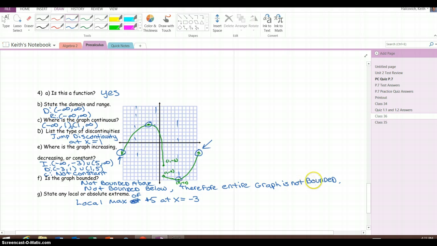There's also a local minimum down there at the bottom of negative 10 at x equals 5. There's no absolute extrema because the graph is not bounded in either direction, because this arrow means it goes down forever there and it goes up forever here, so there's no absolute extrema.